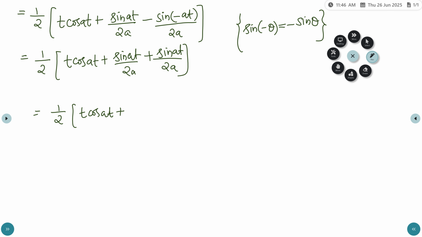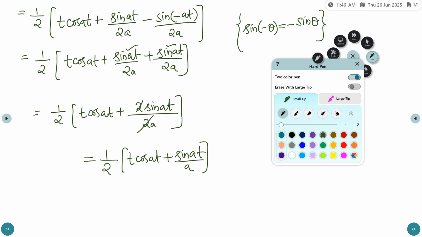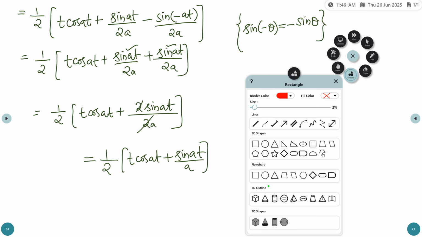So sin at by 2a, so this will be 2 sin at divided by 2a. The numerator 2 and denominator 2 will be cancelled. So our answer is 1 by 2 into t cos at plus sin at divided by a. This is our final answer.